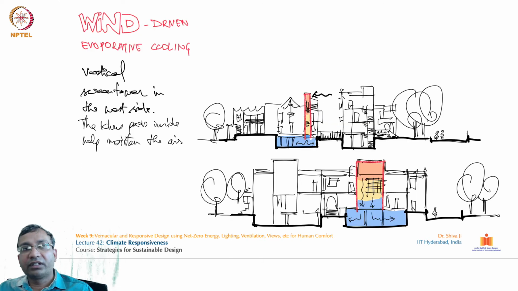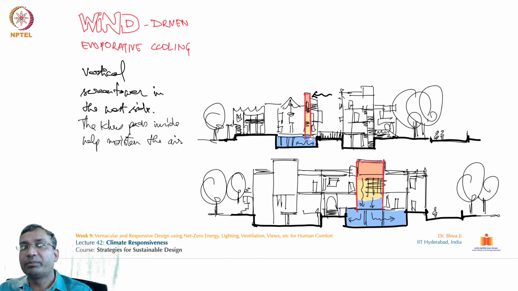Further to this, in the wind driven evaporative cooling technique, there are some more examples in this area, even utilizing vegetation: at what distance they should be, what the height of these trees should be to have a shading effect on the building, creating a buffer zone of air, creating a cooler ambient temperature in this vicinity.